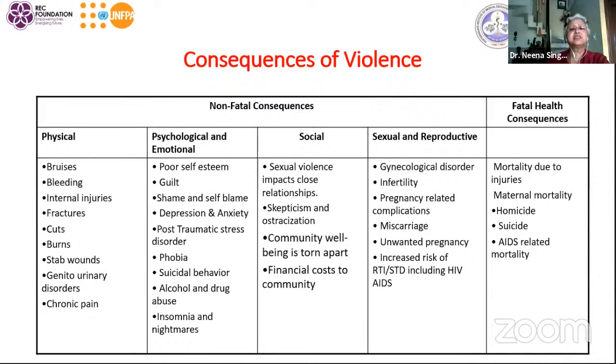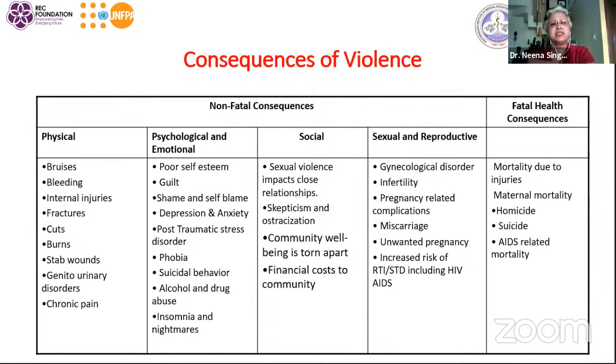Psychological and emotional is the most important and most common. The victim or the survivor may suffer from poor self-esteem, guilt, shame and self-blame, depression and anxiety, post-traumatic stress disorder, phobia, suicidal behavior, alcohol and drug abuse, and insomnia and nightmares. These are a few of the ones which I have just enumerated. There are so many more.